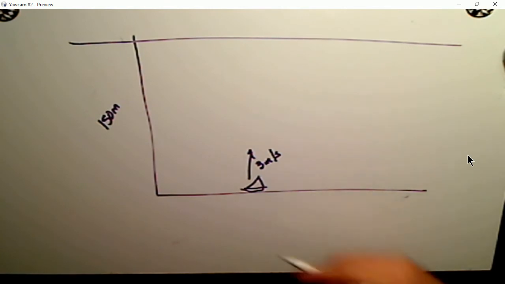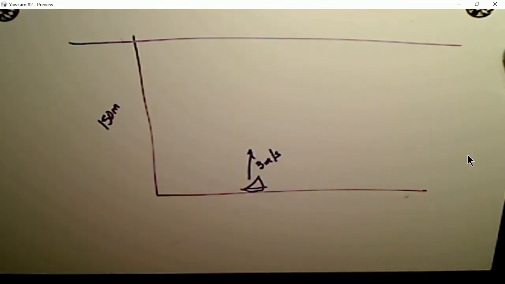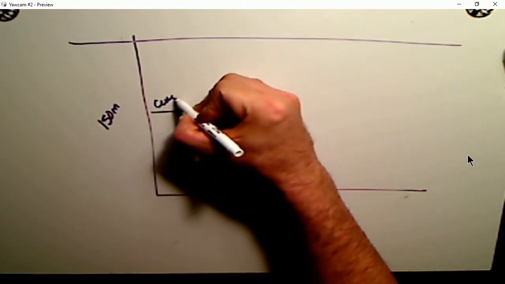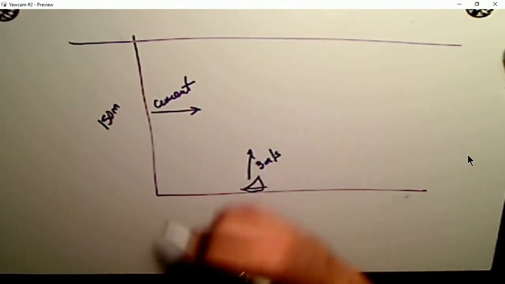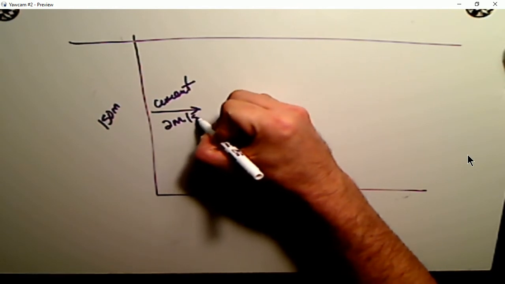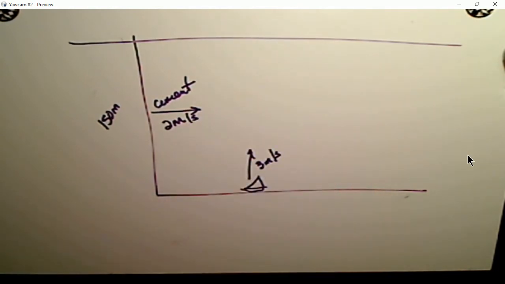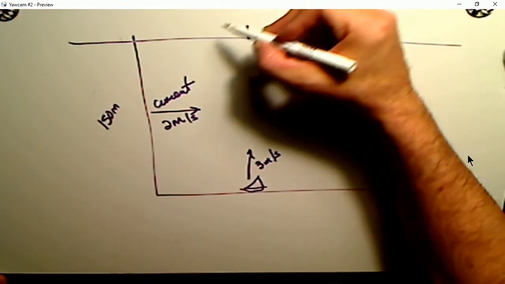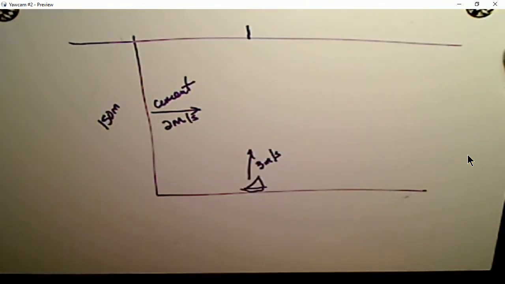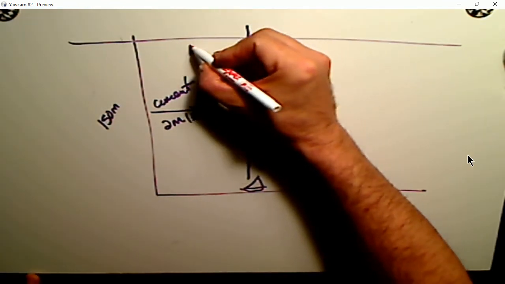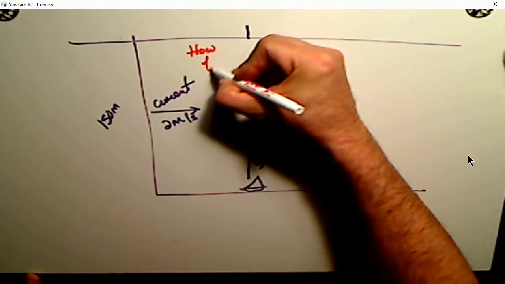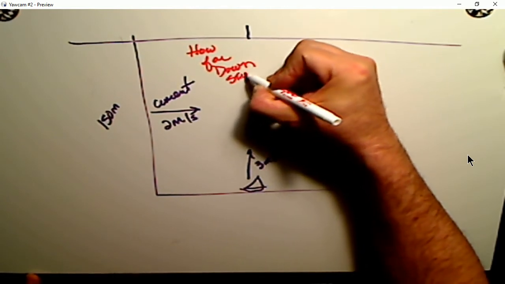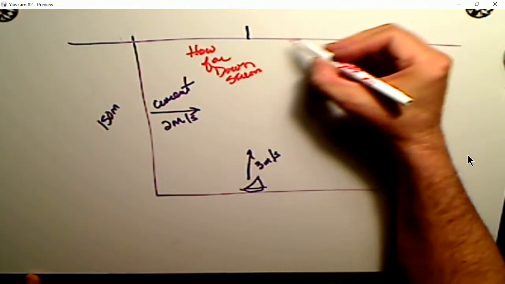It's going due north, straight up north. We have a current, and that current is 2 meters per second from due north. The question is, how far downstream is it when it reaches the shore?